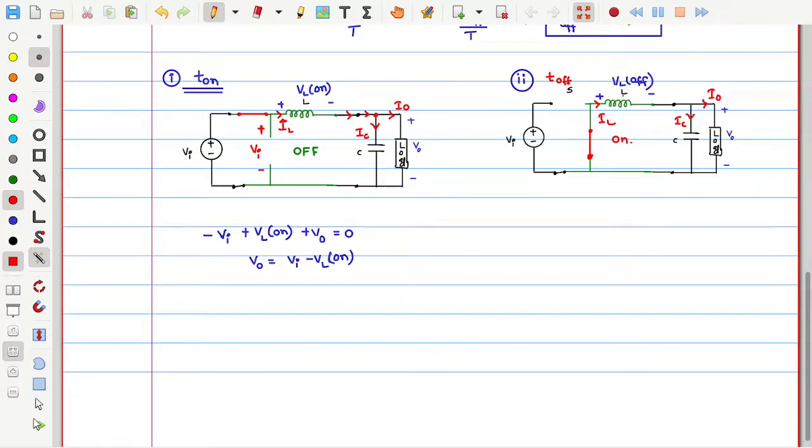So what will happen is that whatever it was charged so far is going to be supplied to the load. In order for the inductor to supply power to the load, we need to make some change. That change is either the current should be reversed or the voltage should be reversed.